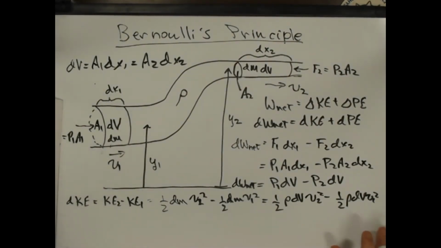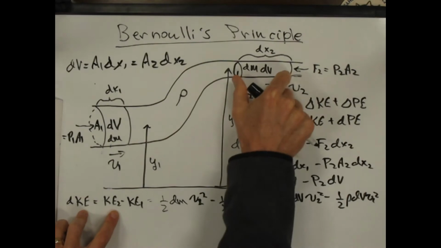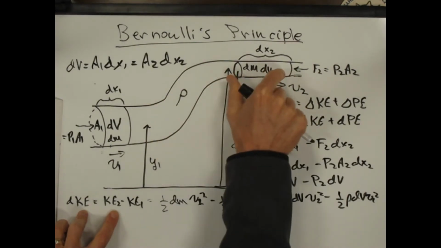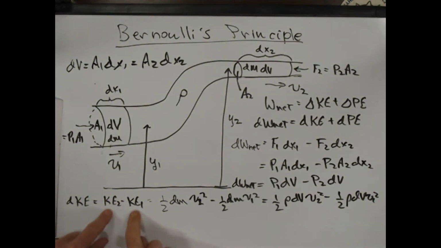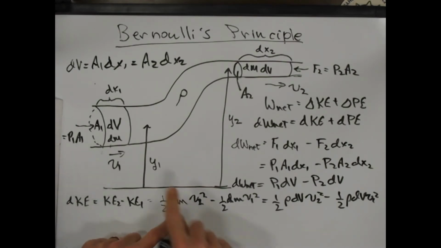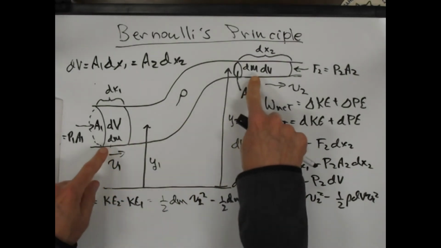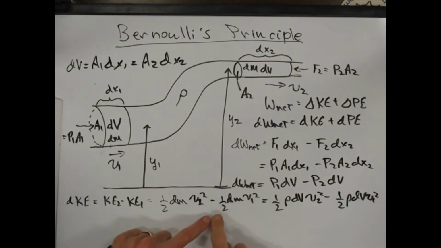Okay. And so the change in kinetic energy is just the kinetic energy gained when the fluid moves up to this piece. So it's gained here minus lost here, and so it's KE2 minus KE1. And those kinetic energies can be written as 1/2 mv squared, where they each have the same dm, right?